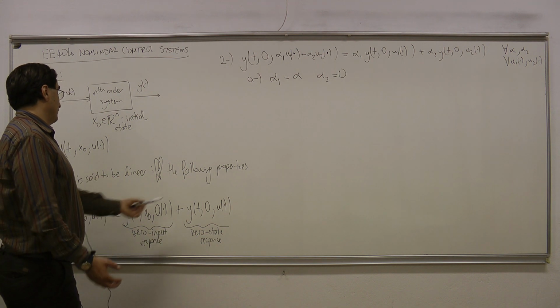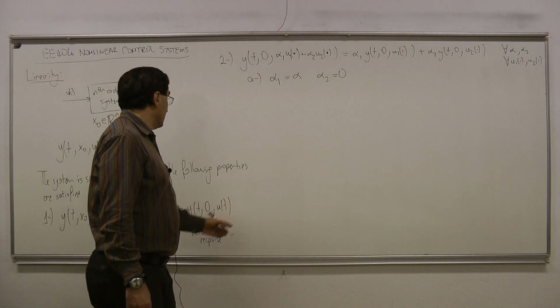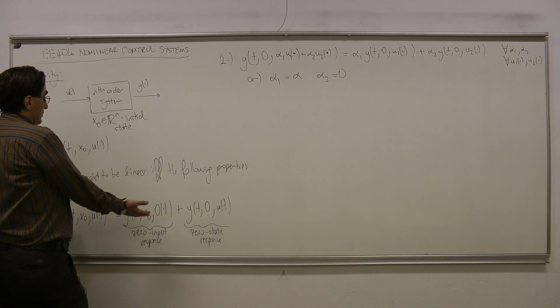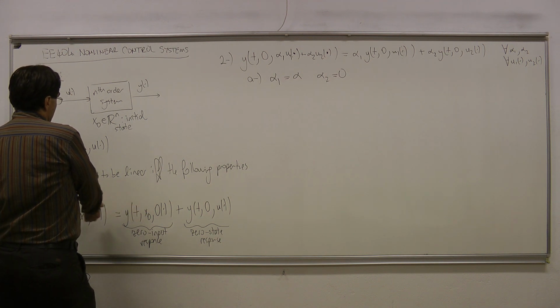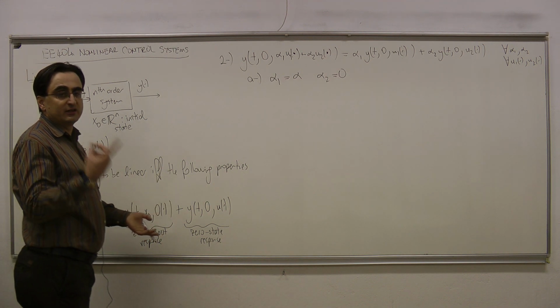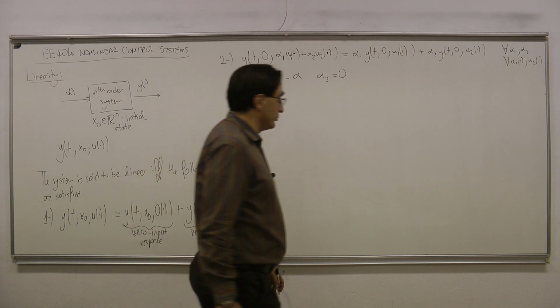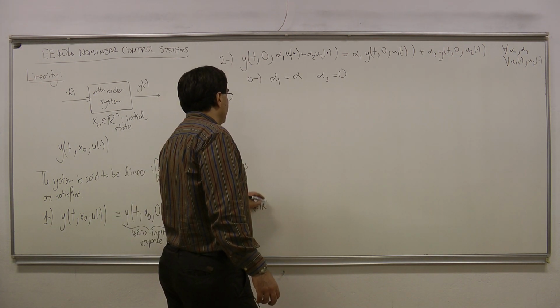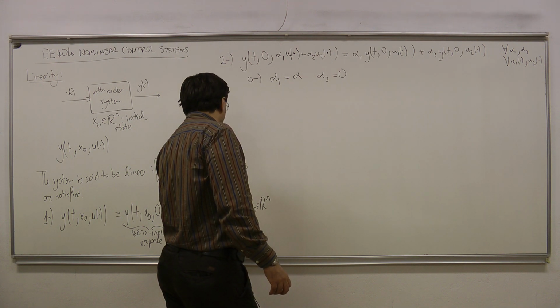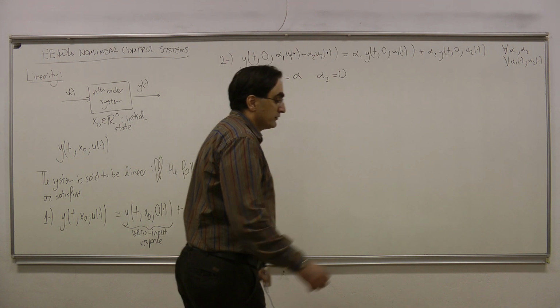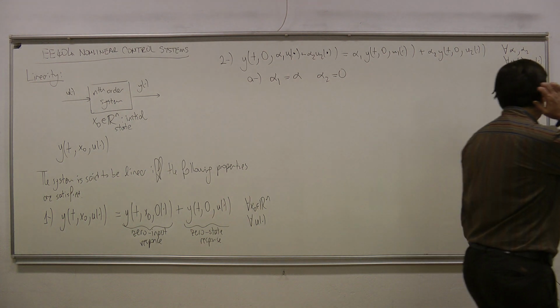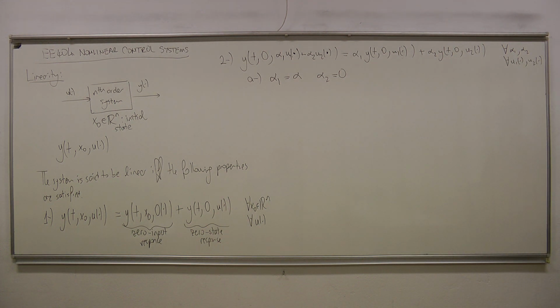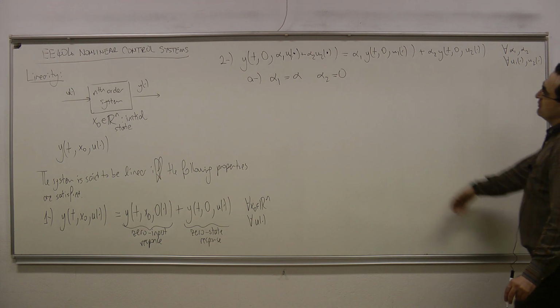Similarly, this first property should be correct. So it is not only sufficient for a system to be linear that this property is satisfied for a single initial condition and the input. It should be satisfied for all x0 in Rn and for all input functions. So I should not forget here these for all conditions.